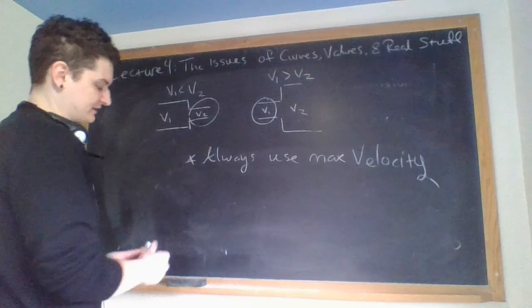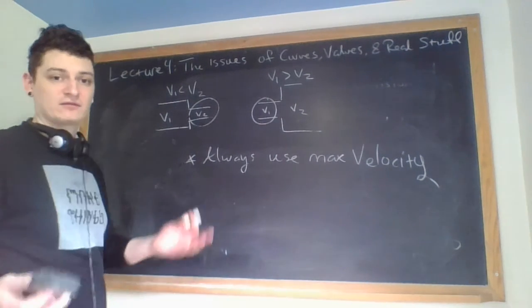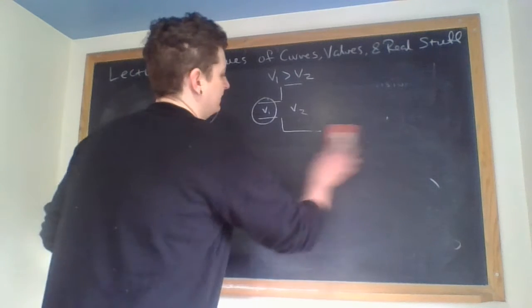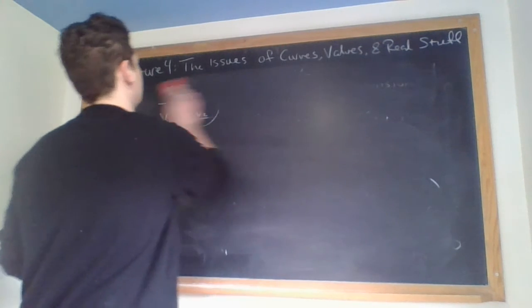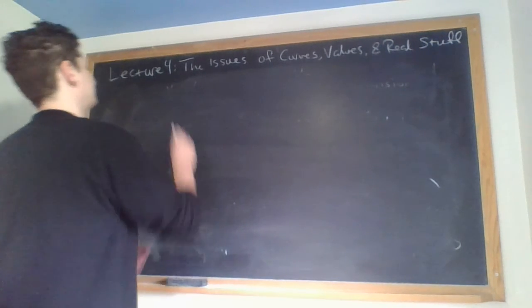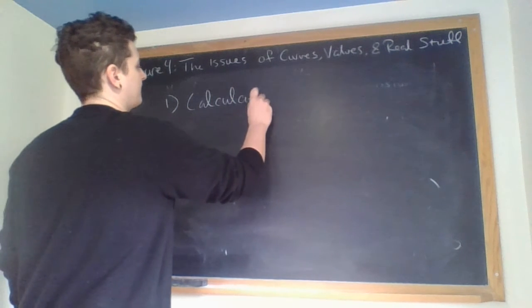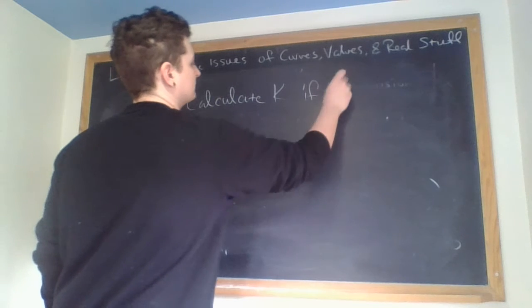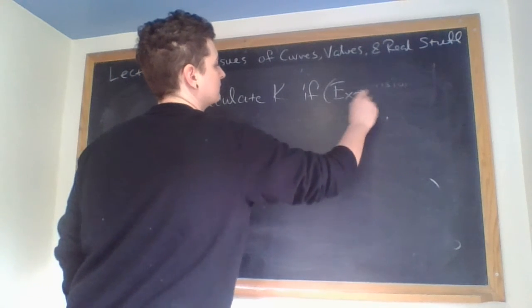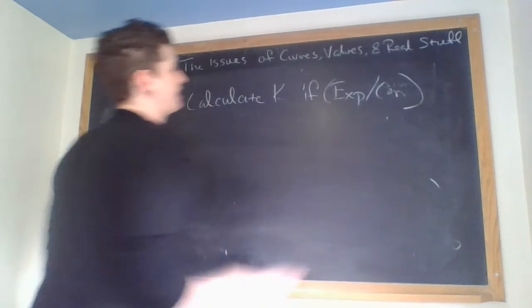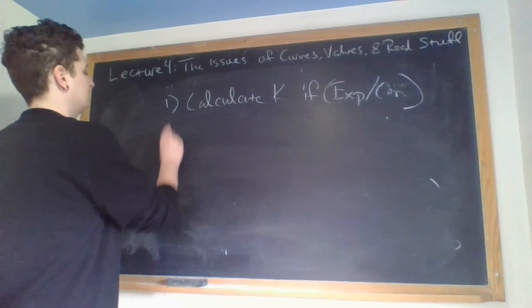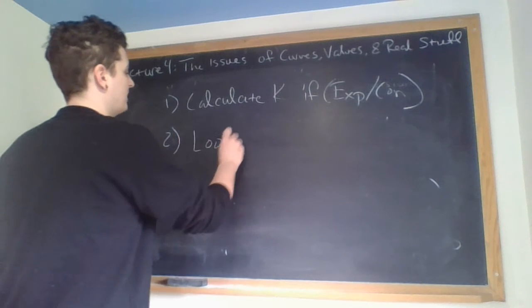And that's the story for all minor losses that we have. You can calculate a K if it's an expansion or contraction. So I put this on here. You can calculate it if it's expansion or contraction. Otherwise, look them up.